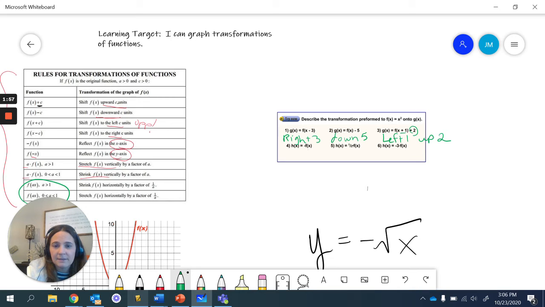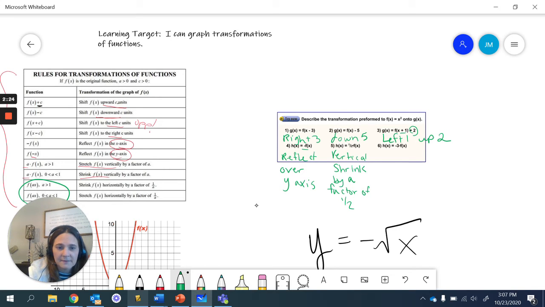The negative here sitting inside of my function is a reflection over the y-axis. Okay. The 1/2 being multiplied in front, that is called a vertical shrink because it is less than 1. It's between 0 and 1, by a factor of 1/2.